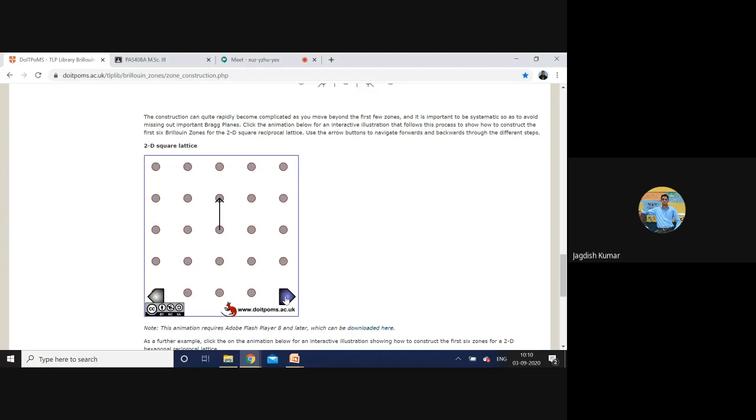So I draw one connecting vector, then draw a perpendicular bisector, correct? Then we have to do it for all the others as well. For this one, this will be the perpendicular bisector. For this connection, this will be the perpendicular bisector, and so on, correct? In this way, this innermost cell which we obtain is called the first Brillouin zone.